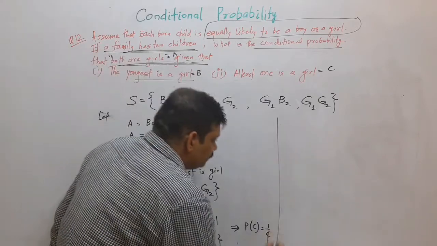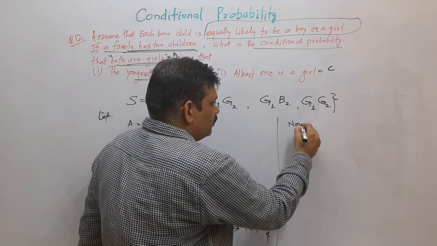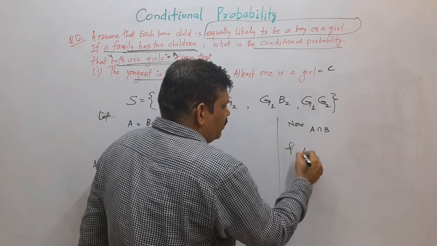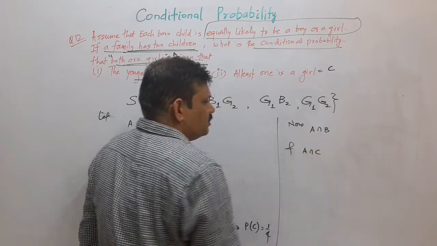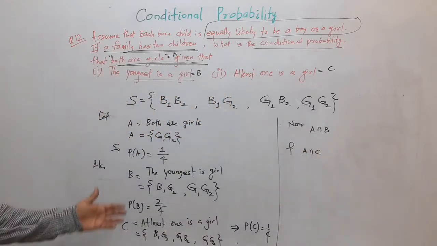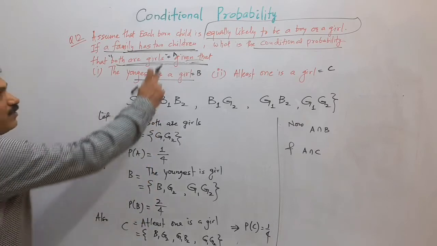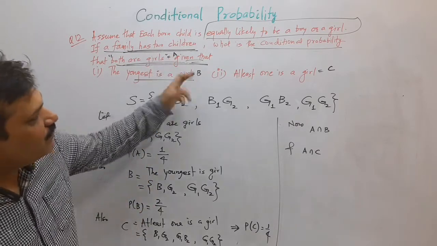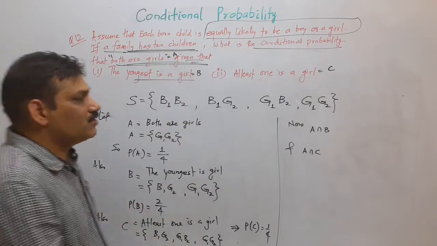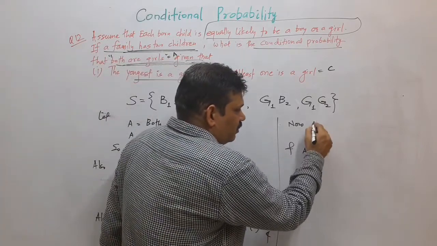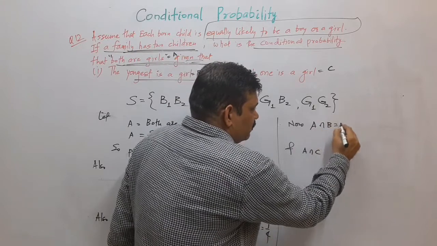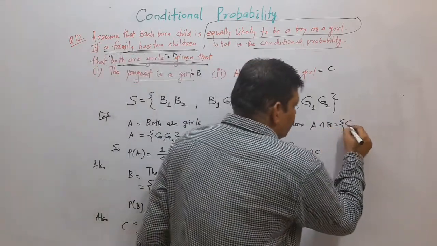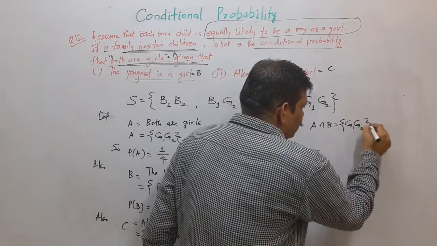Now let's see A intersection B and A intersection C, because we will need these by definition. If I need to find probability of A given B, I will need probability of A intersection B divided by probability of B. Now A intersection B: A is simply G1, G2.